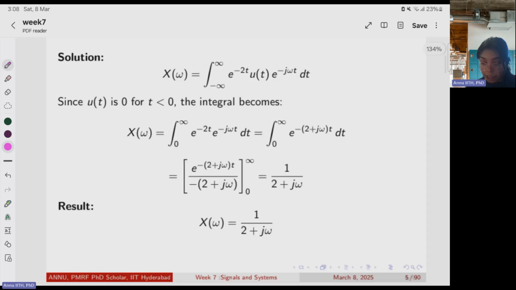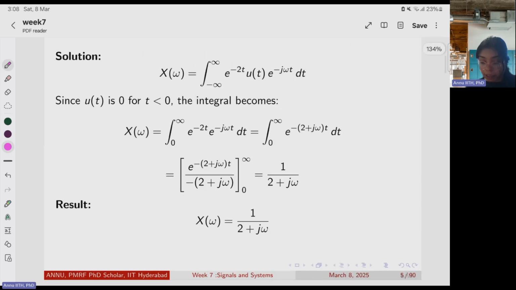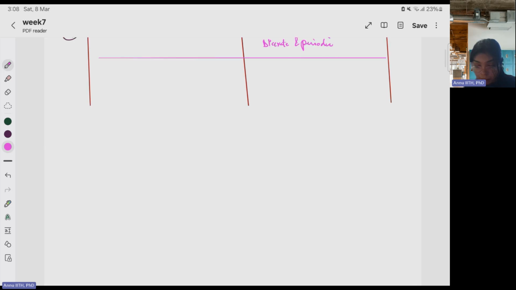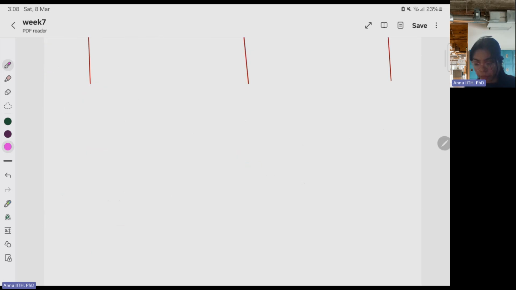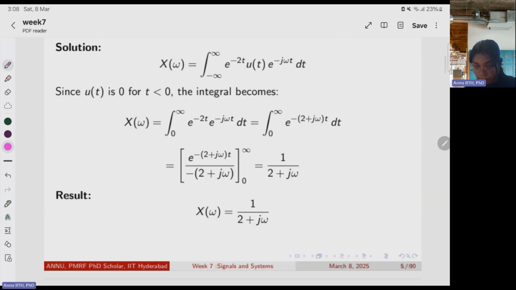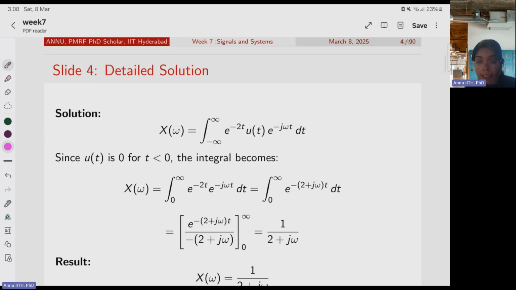Okay, so keeping that in the formula, X(ω) is equal to, and remember that here it is X(ω), not X(s). So X(ω) = integral from minus infinity to infinity of e^(-2t) u(t) e^(-jωt) dt.